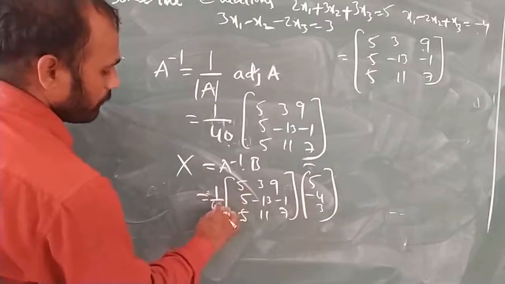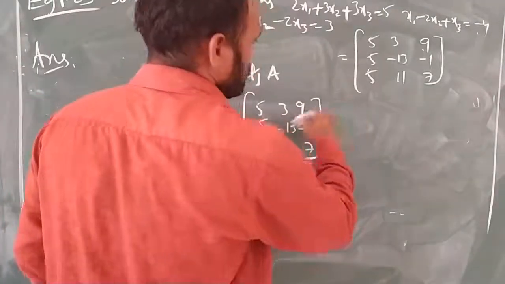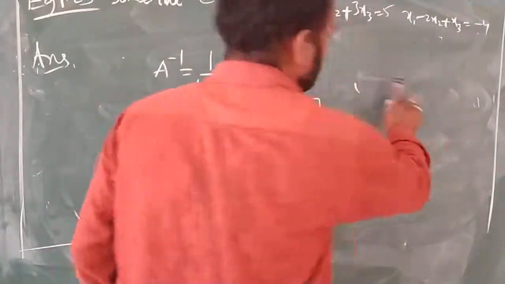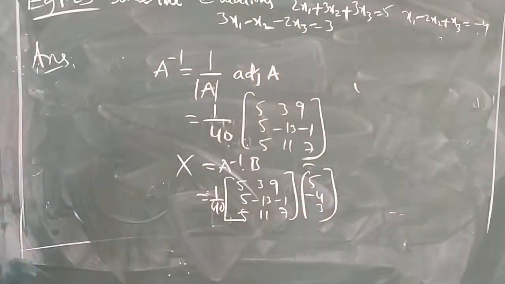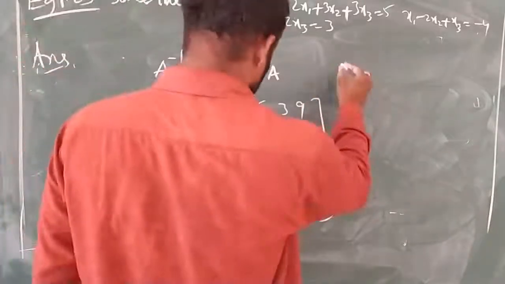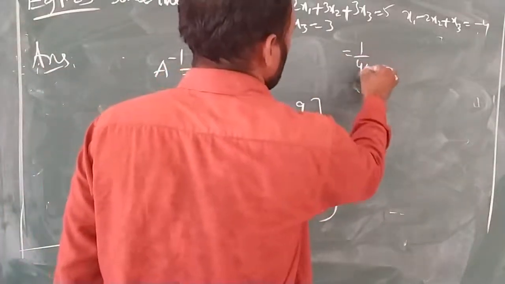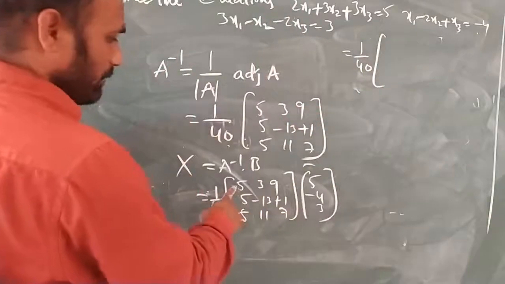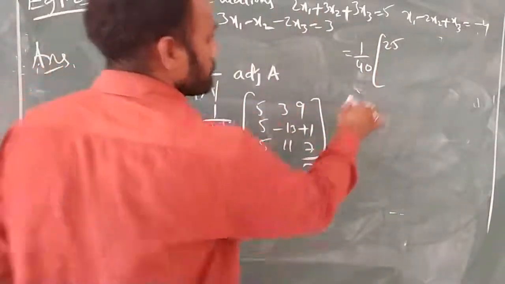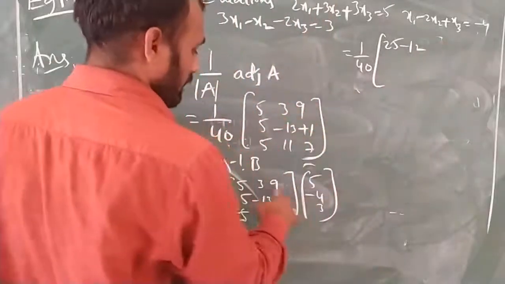So we have 1 by 40 also. If I multiply this: 5 5s are 25, 3 4s are 12, 9 3s are 27.